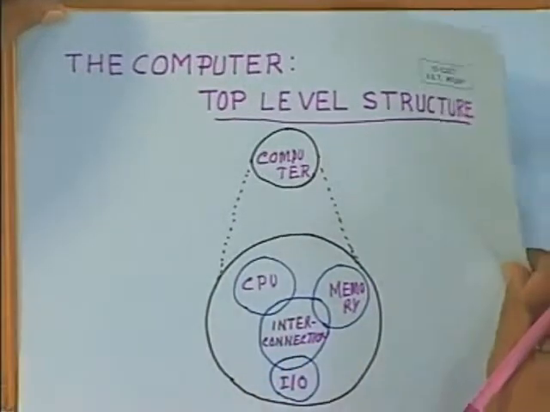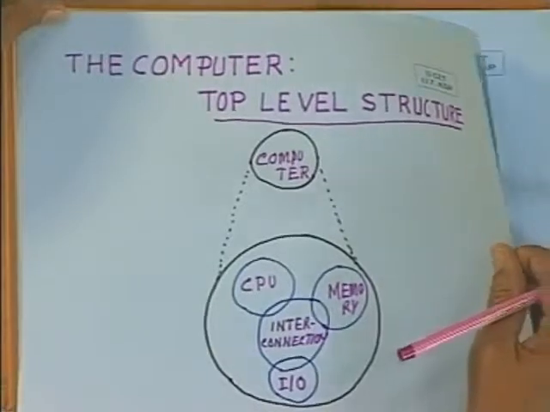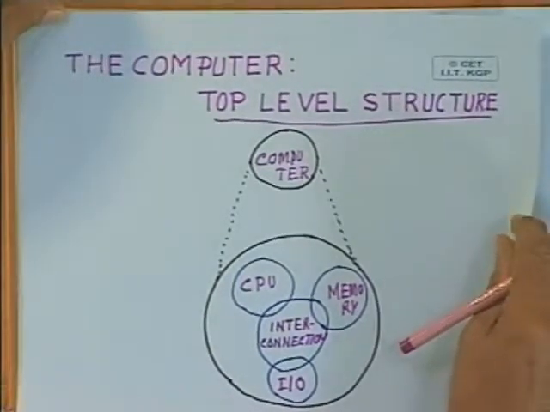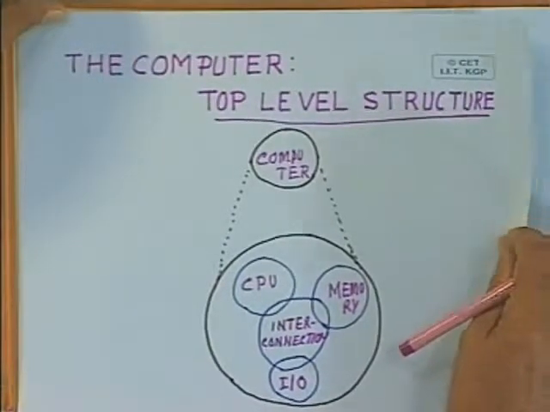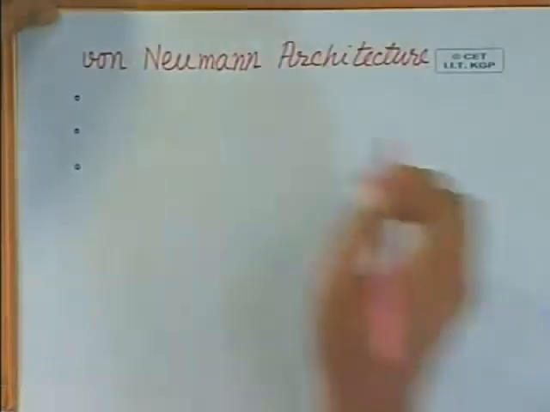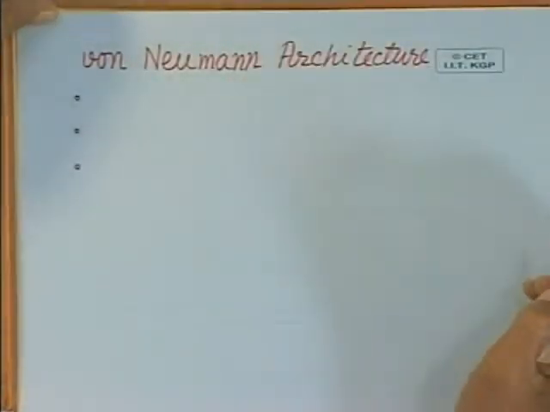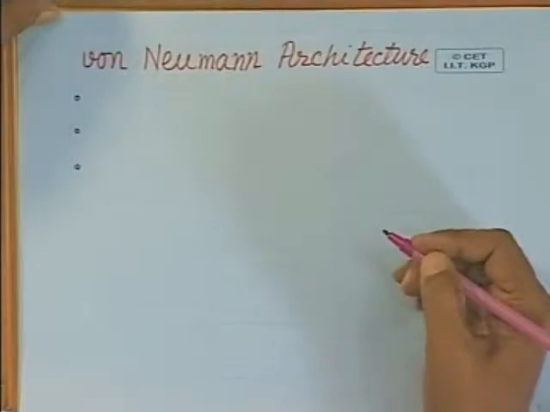You may have heard the name of the father of this classical computer. His name is von Neumann, and that's why the architecture of the classical computers is known as von Neumann architecture. So let me briefly introduce the basic functions of a von Neumann architecture.